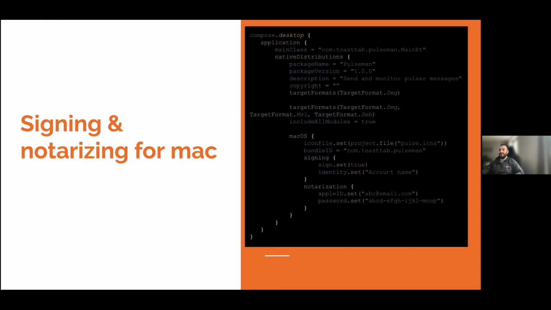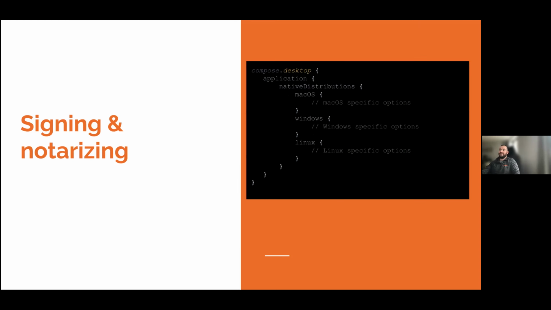So this is just putting your account name there, and it'll find it in your key registry. The signing just identifies it correctly from your account, and then it notarizes it and it just checks it for viruses or whatever on the Mac side, with an Apple ID and a password from your account. You can put the password in your keychain as well if you want.